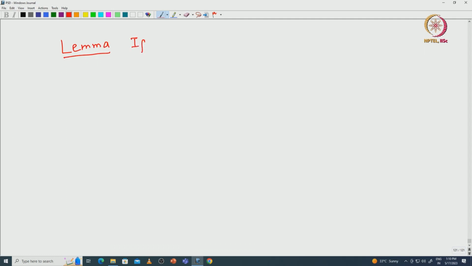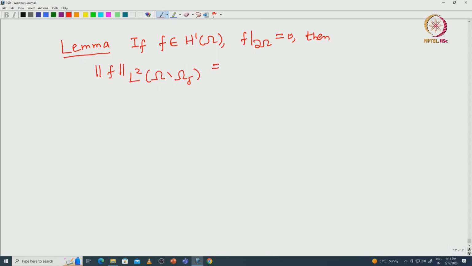If f is in H1 omega and trace is 0, then the L2 norm of f on omega minus omega delta is little o of delta. Again this is small o.